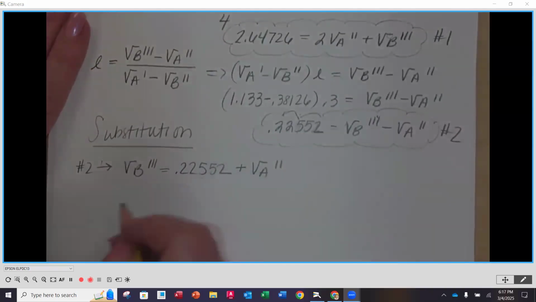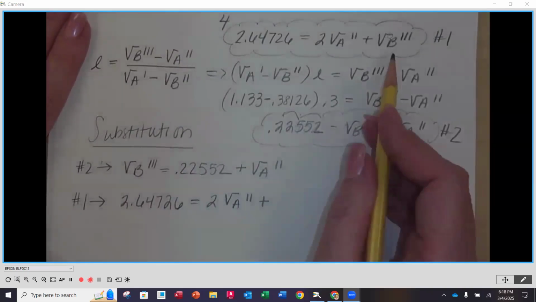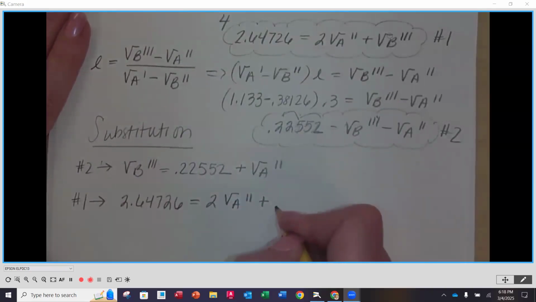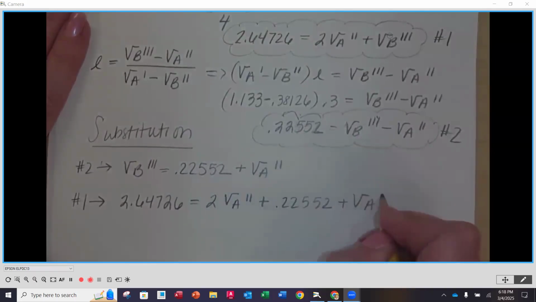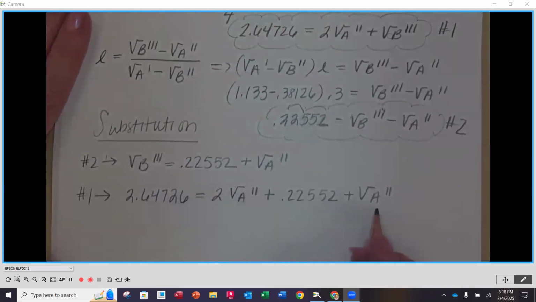Then substituting this into equation number 1, which is 2.64726 is equal to 2 times velocity A double prime plus, that's where my VB is, VB triple prime. So now I'm going to do plus 0.22552 plus VA double prime. So now I've just got the VA double prime.